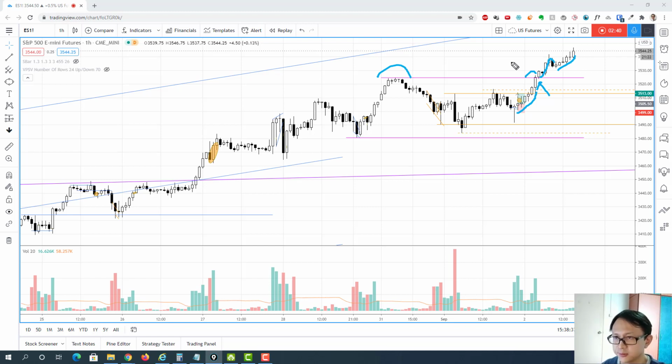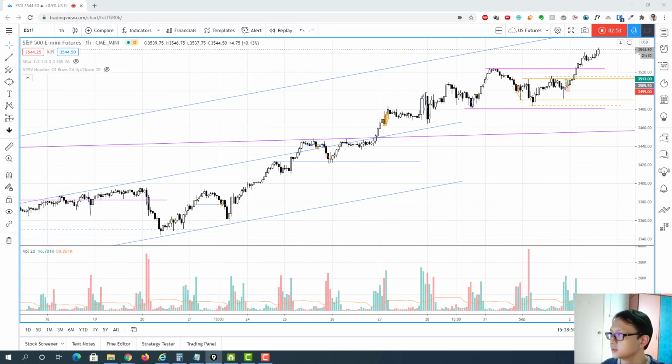Alright, so if you recall in my video yesterday, I talked about the change of character. So what's a change of character? Let me just zoom out a little bit here. The change of character that I was talking about yesterday was this reaction here. This is the largest down wave that we have seen in this uptrend.